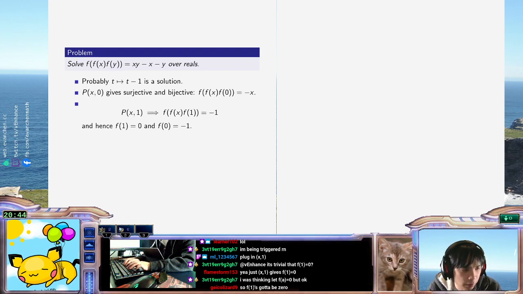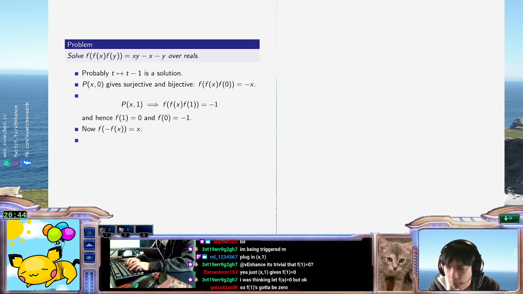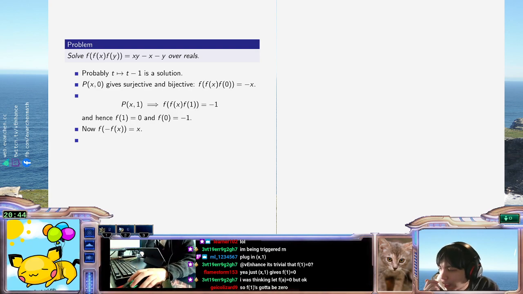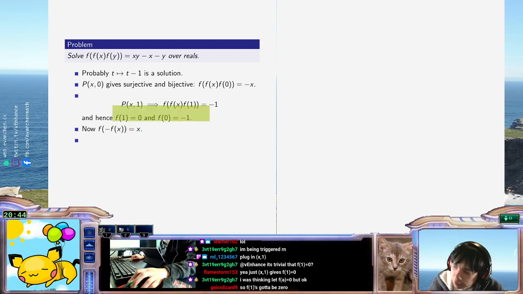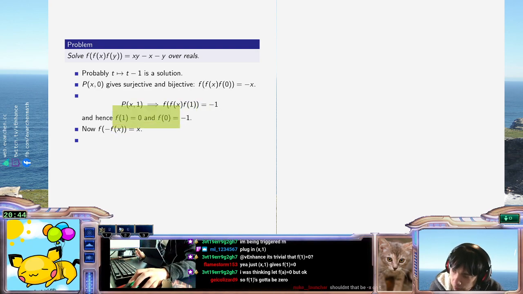So that's fine. Okay, so actually, anyways, if the function is linear, it is certainly t minus 1 now. So cool, I'm not missing any linear solutions.